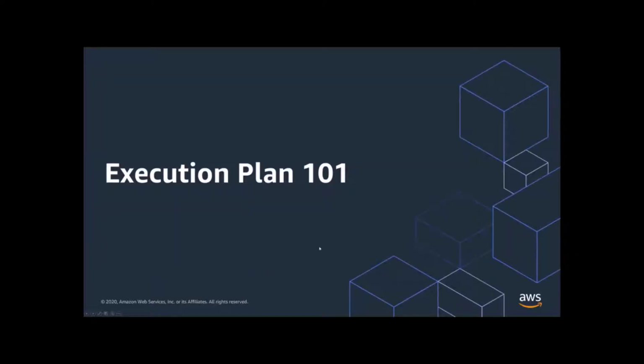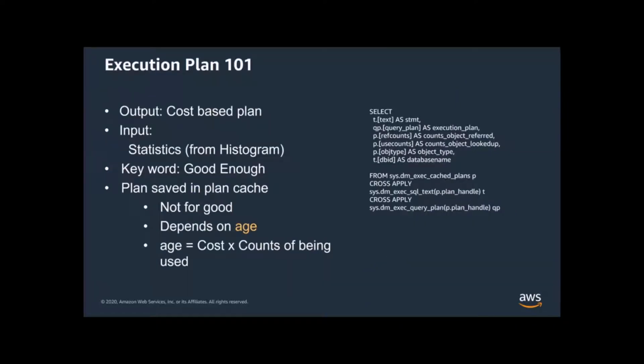Okay. Now, let's dive into the very basics of the execution plan. The first thing I want to make sure you understand is that the plan is generated based on cost. The optimizer will try, within a limited time, to find a good enough plan with the lowest cost.